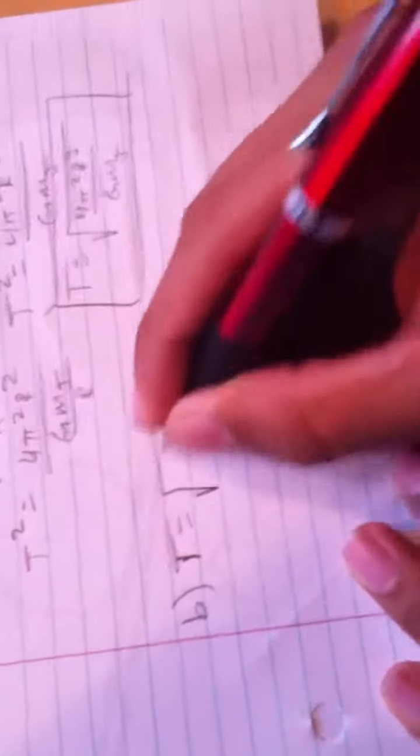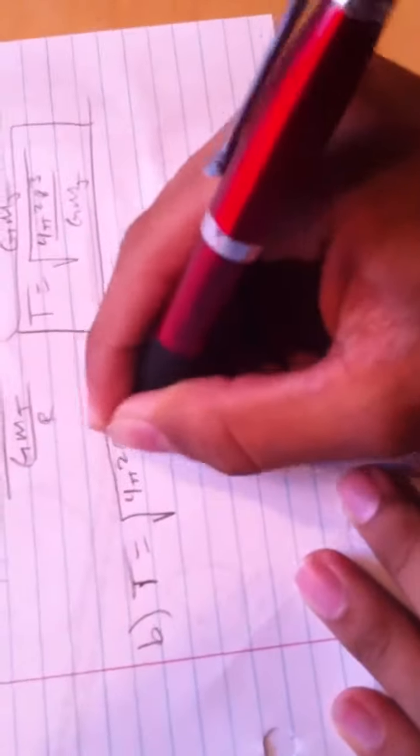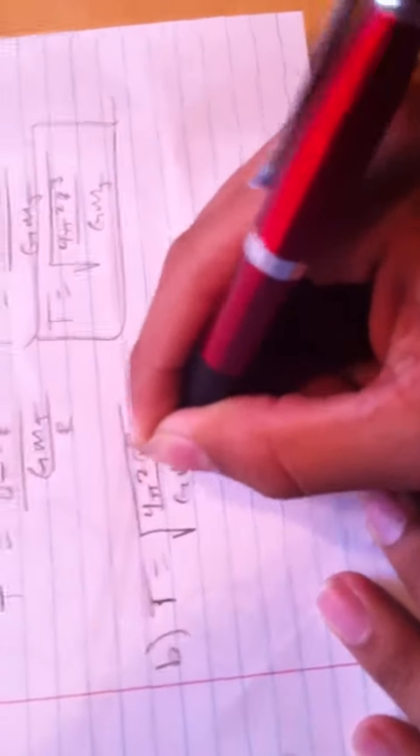In part B, it says the explorer wants the satellite's orbit to be synchronized with Jupiter's rotation. So basically it's asking you to determine the radius from this equation. We have T equals the square root of 4 pi squared r cubed over G m_J, and we're looking for r.